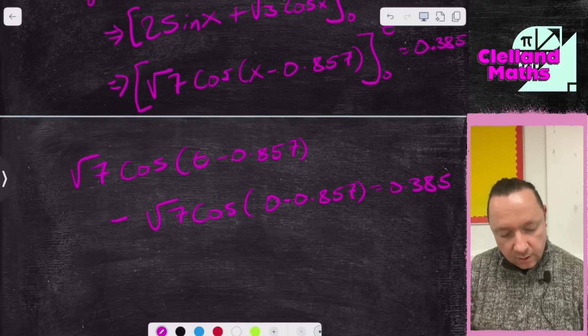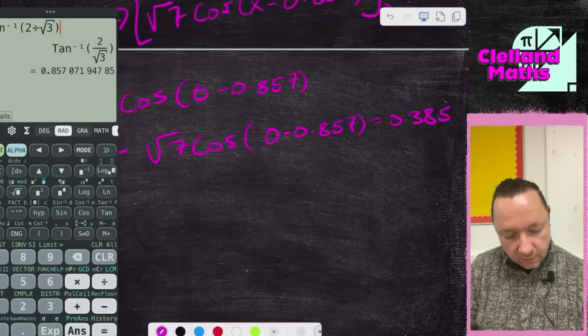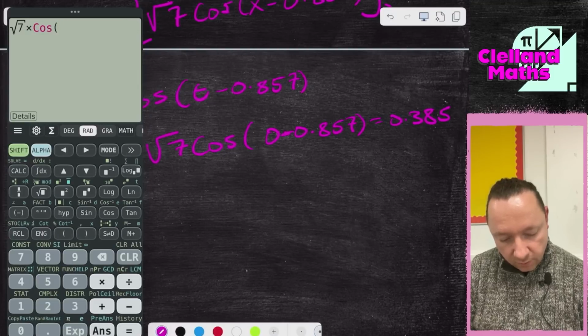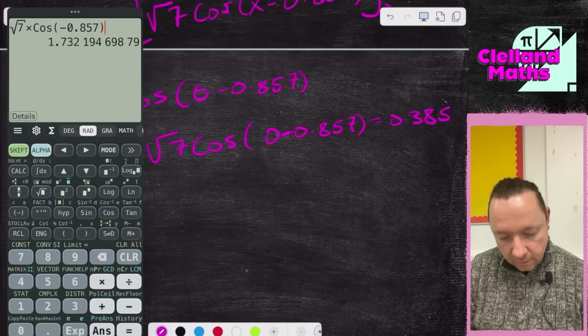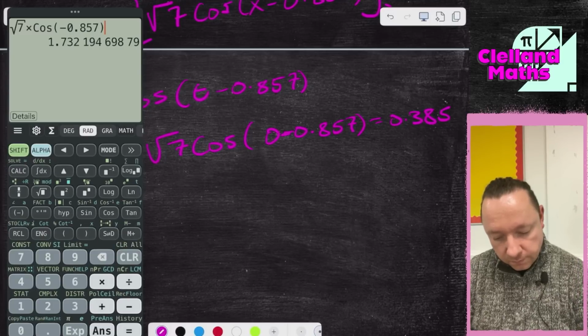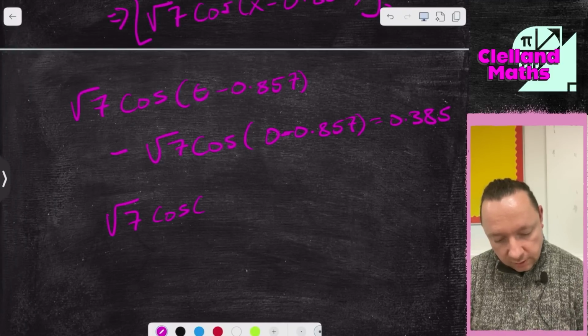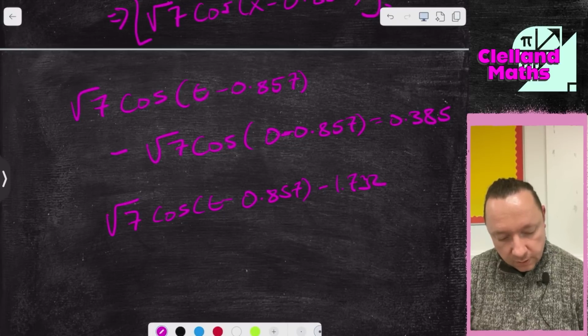Quite a trick question, but let's work out root 7 times cos of, well, 0 minus 0.857 is minus 0.857. That's 1.732. So we've got root 7 cos t minus 0.857 minus 1.732 equals 0.385.